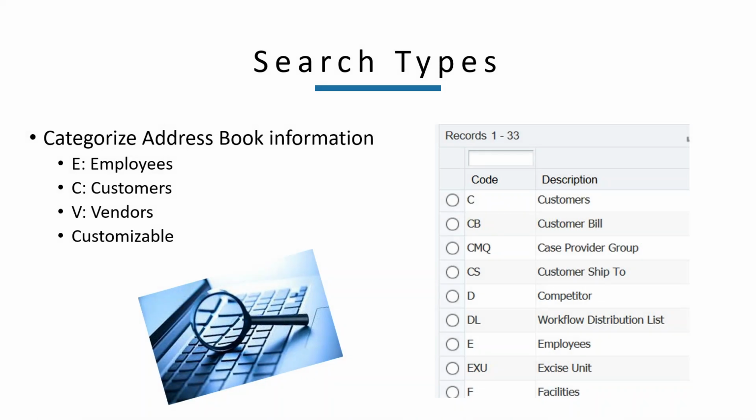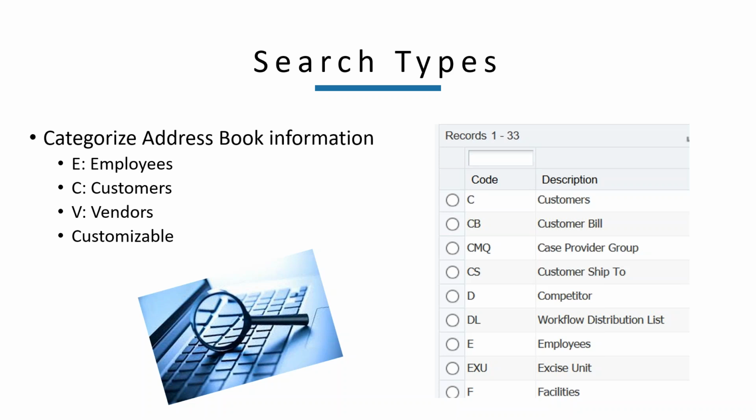All right, so search types. There are multiple search types within the address book. Some of you may already know this, some of you may not, but the most common and commonly used out of the box are your employees, customers, vendors. I did throw contractors in there, which is CO earlier. It is vaguely used, but it has been used, and then obviously that is more of an employee for the business, so they would probably house that information for them via a CO search type.